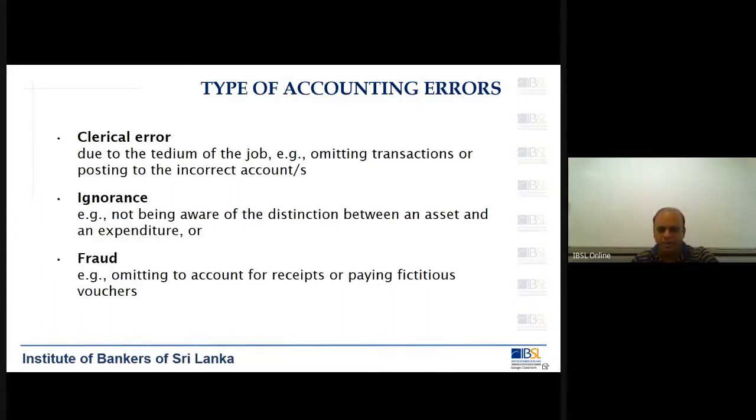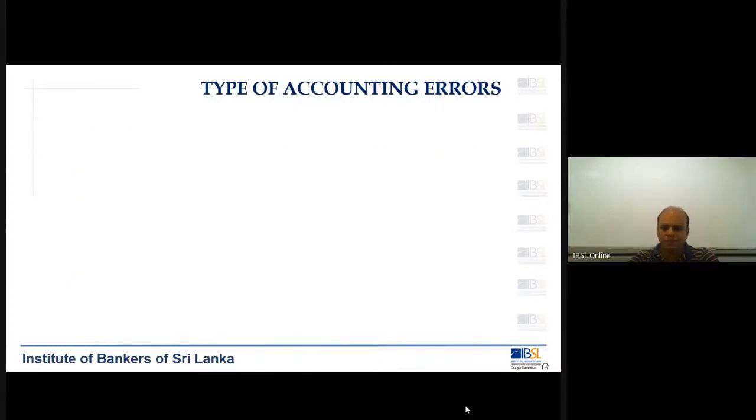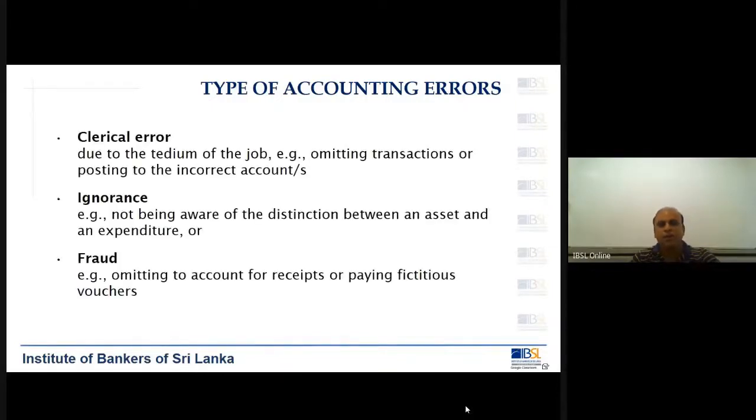Because the trial balance will balance, as the total debits and the total credits will agree. But that will give you only a mathematical equality. It will not detect these type of errors that we are talking about. So these errors can happen when you are doing the accounting function.